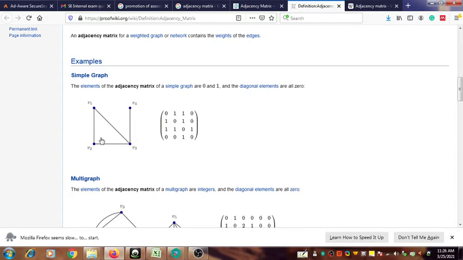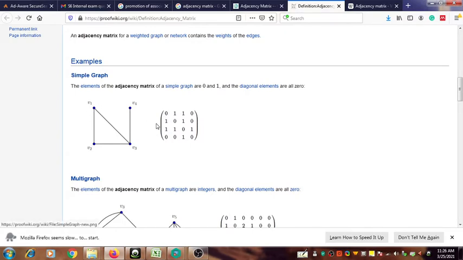Now you can see how the entries are made in the matrix. We consider the first row and first column. The entry in the first row, first column is 0, because the first row stands for the first vertex v1, and the first column stands for the first vertex.